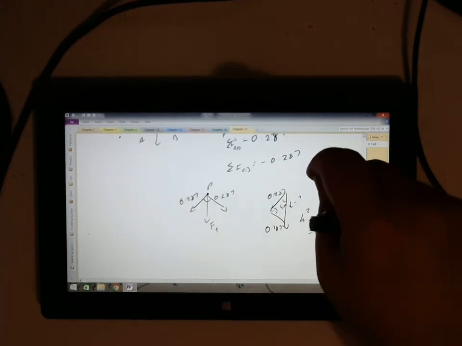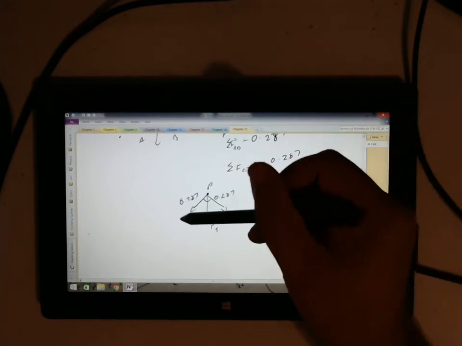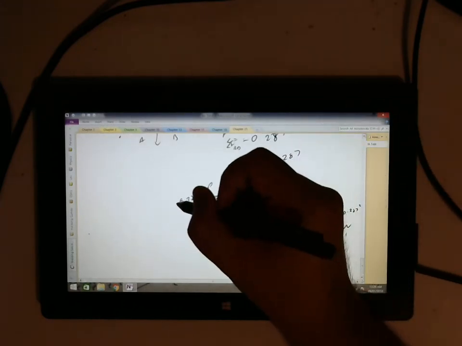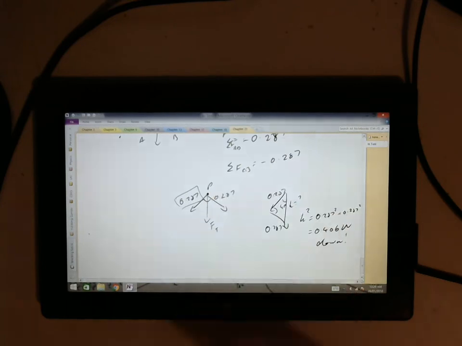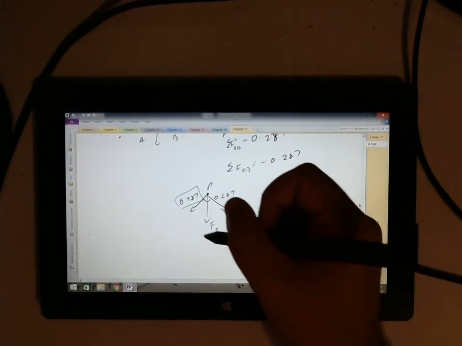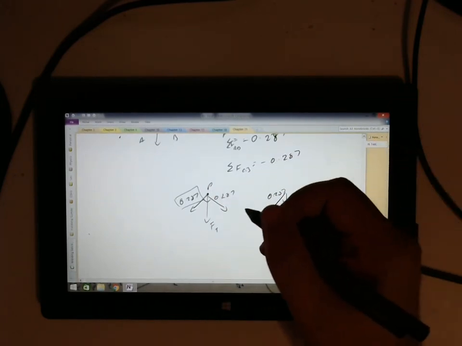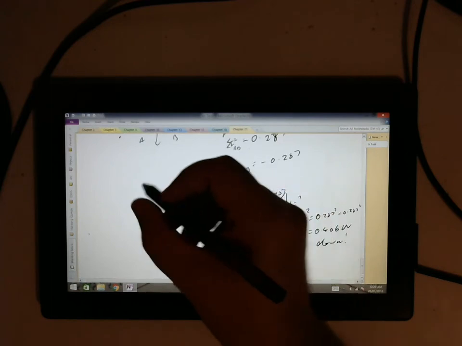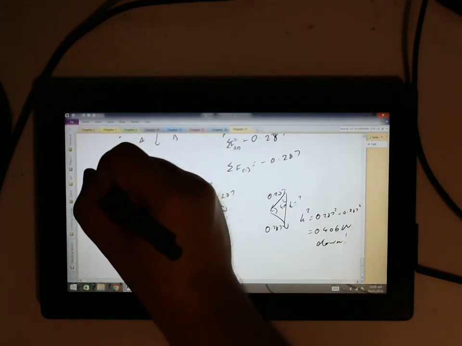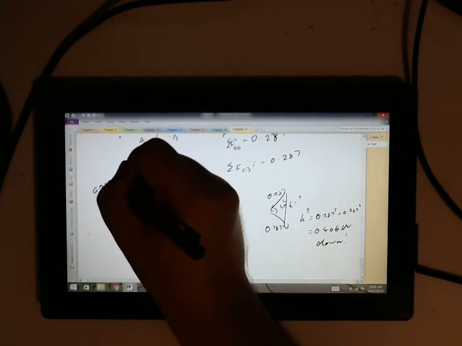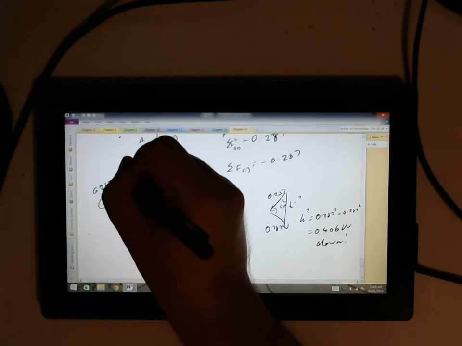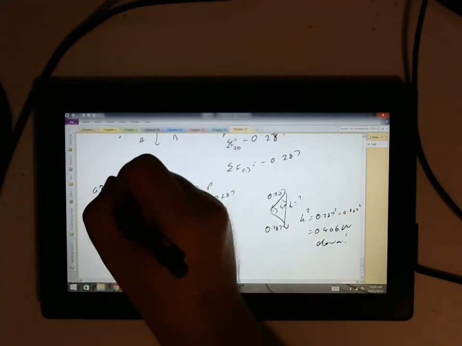Now, there was another way to do this, this last bit here, in that if we took this 0.287 down to the southwest and worked out how much was going south first, we would find that we'd end up with, I'll draw it out. So let's say that we had 0.287, because that's 45 degrees, because it's half of 90.